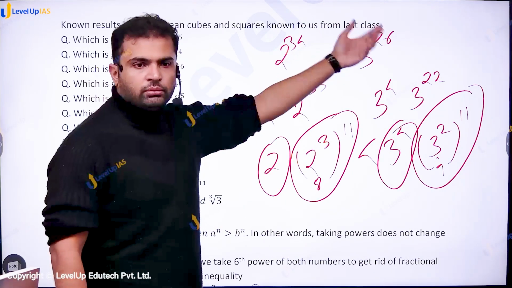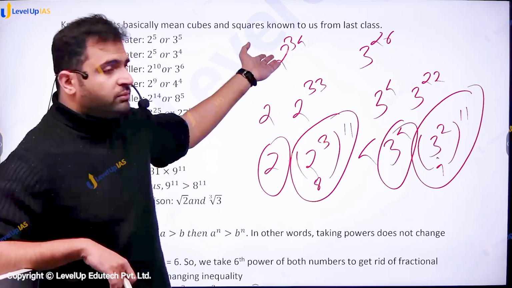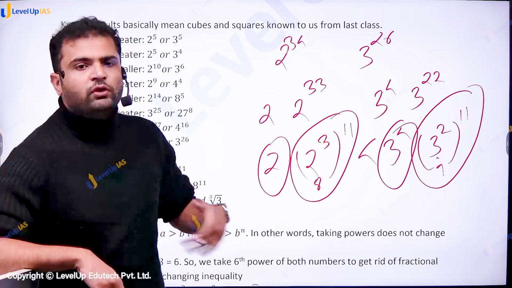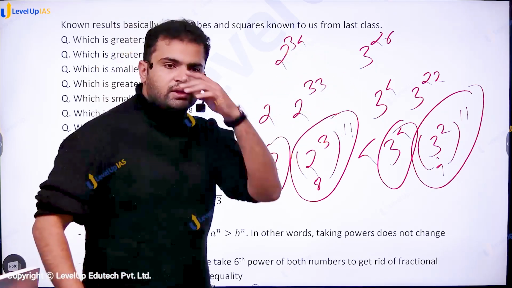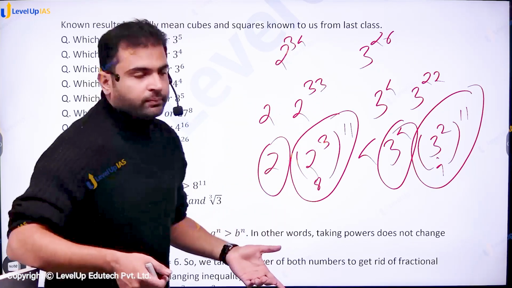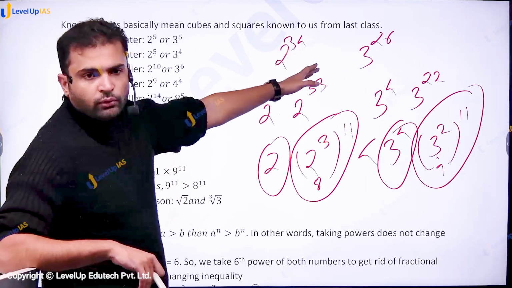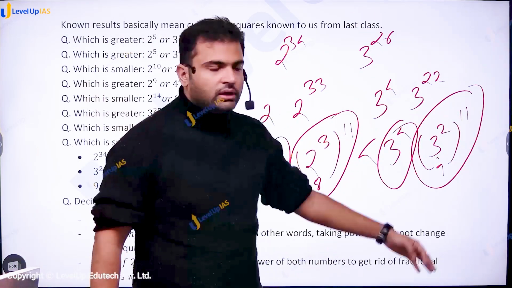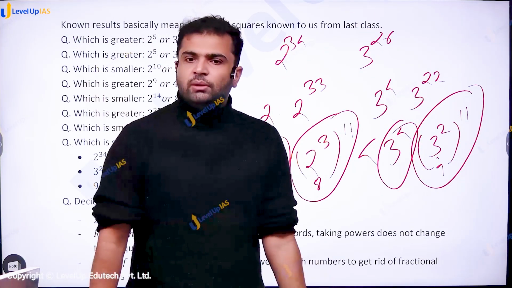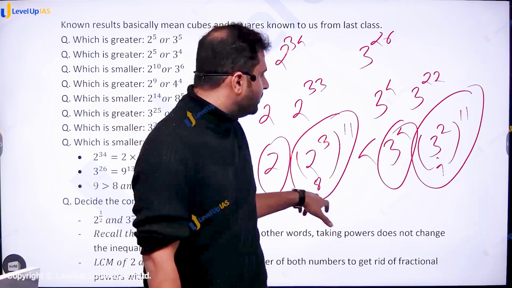Even if I write it in powers of HCF, HCF being just 2, I'm not very happy with it. So I tried to write this into some numbers such that the HCF is very good. So instead of 34, I can reduce it to 33. For this 26, I write 22, and now the HCF is 11, which I am very happy with, and I can directly compare these numbers.